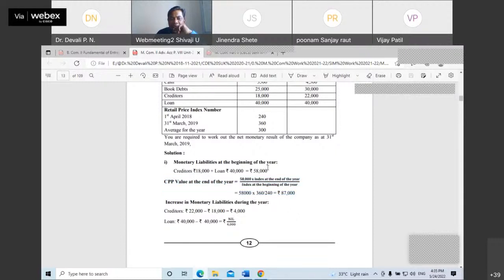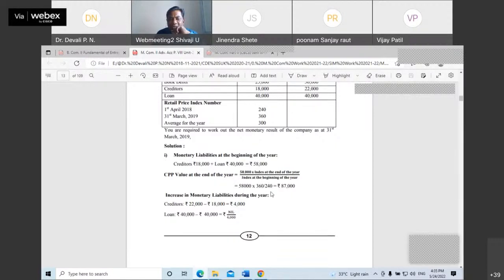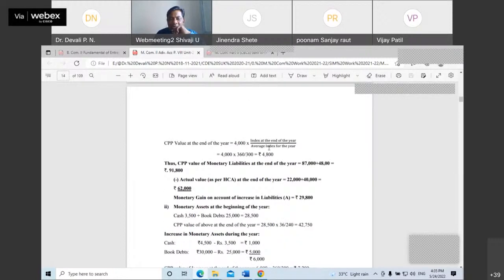So this is nothing but the monetary liability of all the liabilities. It is indicating the CPP value at the end of the year, 87,000, and now there is an increase of 4,800. Make the sum of these two and you get the CPP value of monetary liabilities at the end of the year.